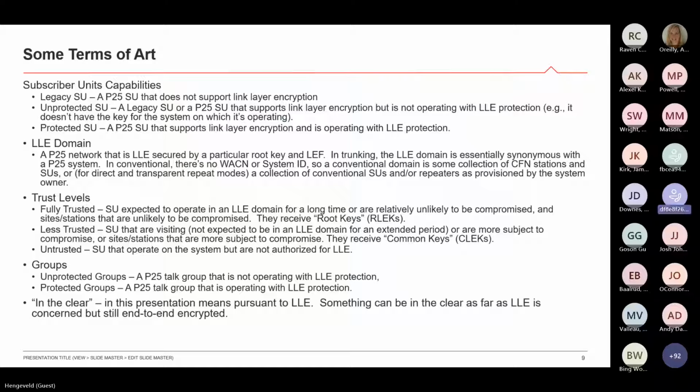Trust levels are untrusted, which can operate on the system but is not authorized for LLE, so a legacy radio, for example. Fully trusted SU are ones that have what we call an RLEC, a root key. This is kind of like the master key for the system. From the RLEC are derived what are called CLECs, or common keys, and then the operational keys are derived from those.